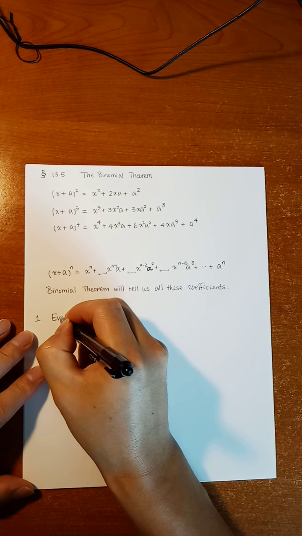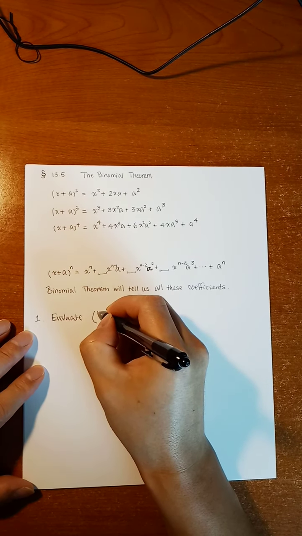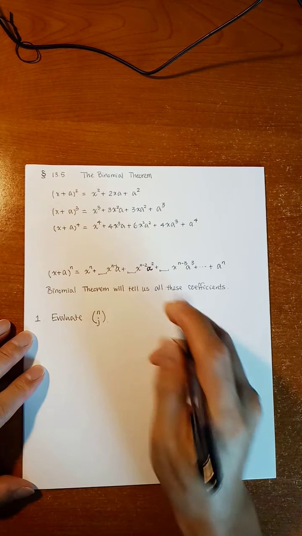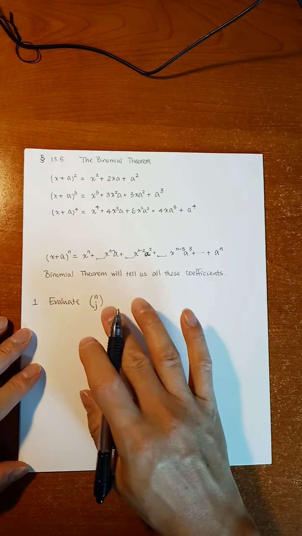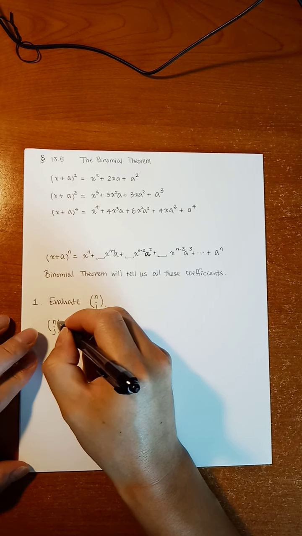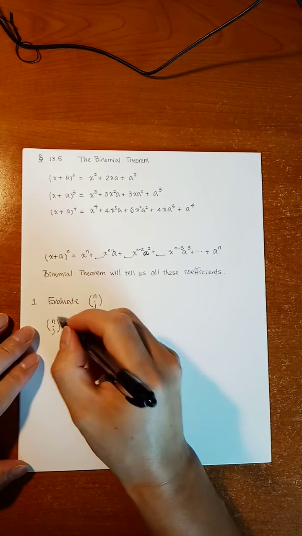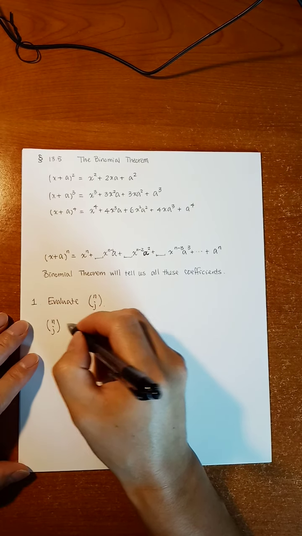We evaluate the symbol n choose j. This big parenthesis, top n, bottom j. It's not a fraction. It's just a special symbol.